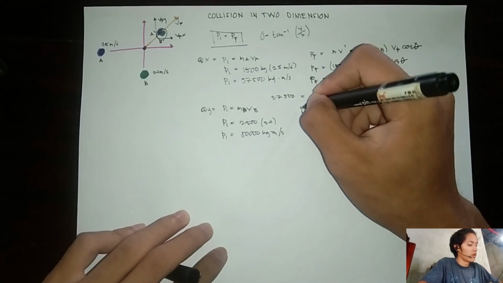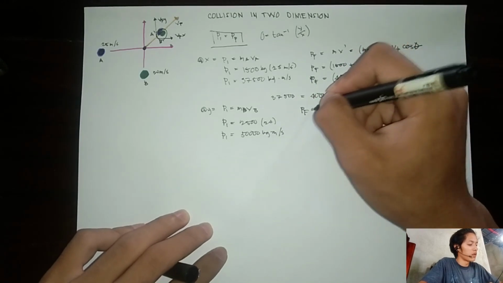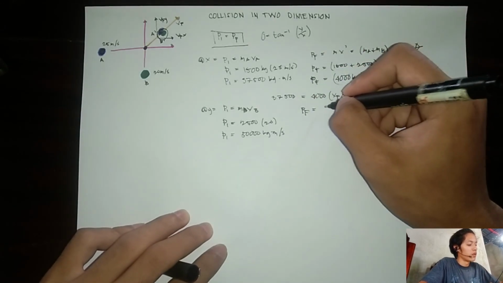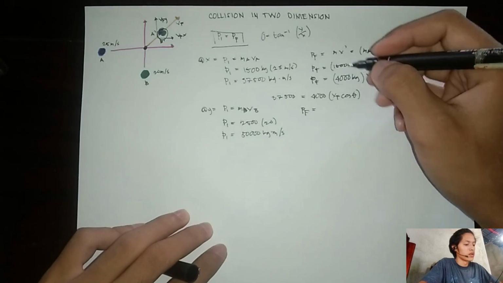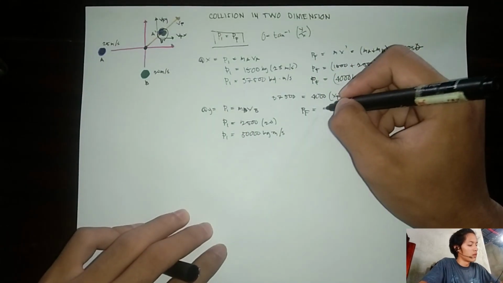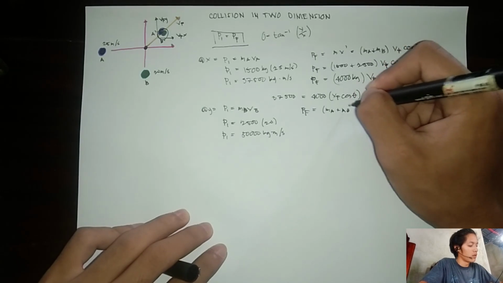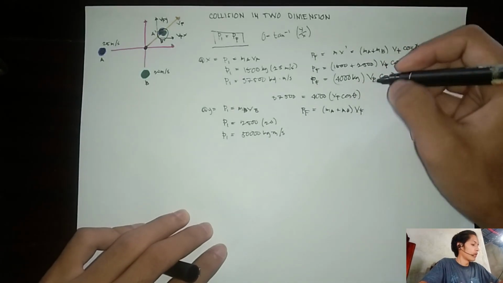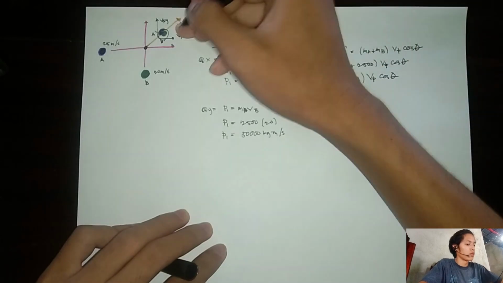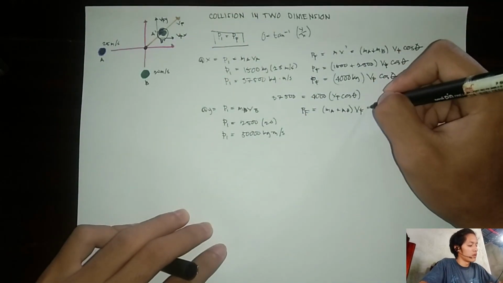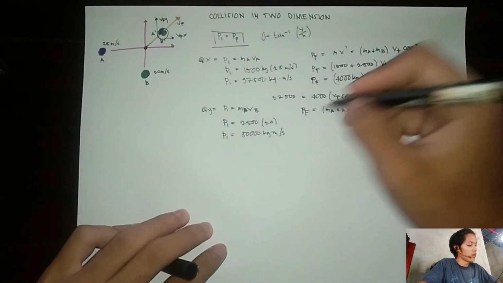So, for the momentum final at y naman, we have here, nagsama ulit yung mass, then magiging mass A plus mass B times velocity final, then yung component ng y is equal to sine theta.